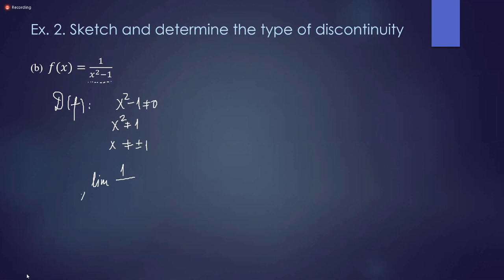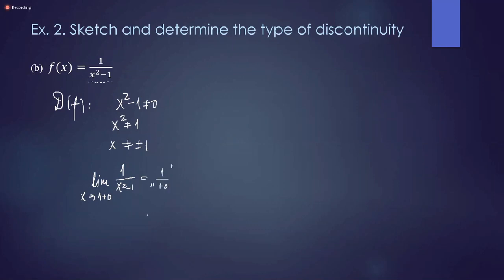X is a bit greater than 1, so the denominator is a little bit greater than 0, and that means we have 1 divided by positive 0.